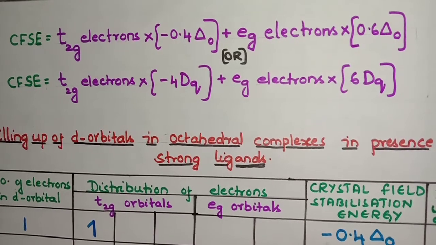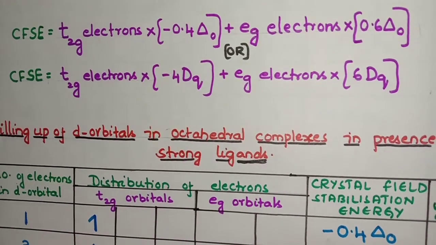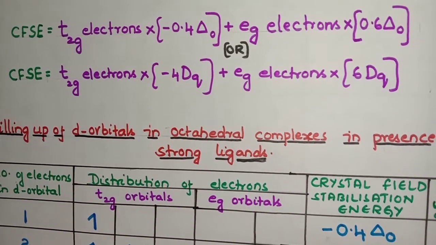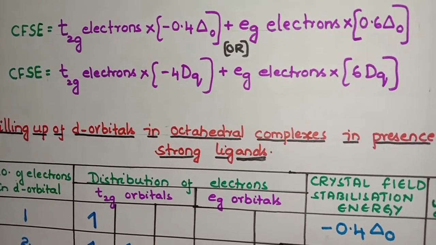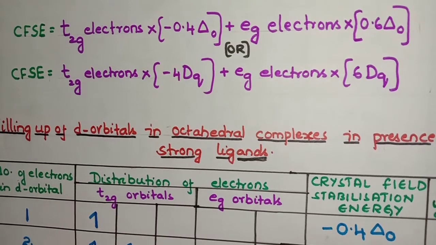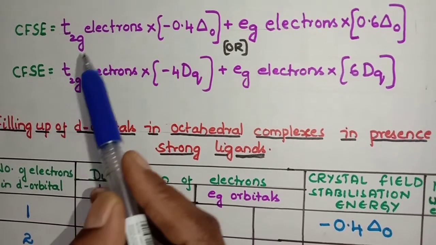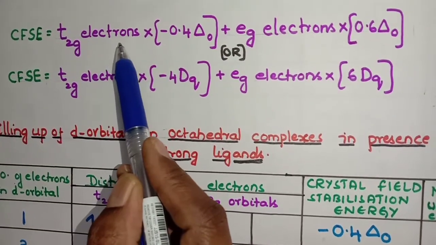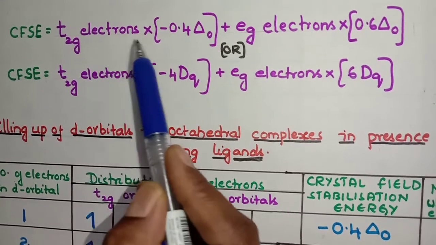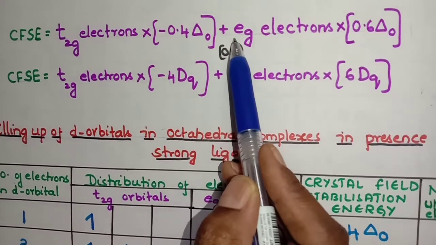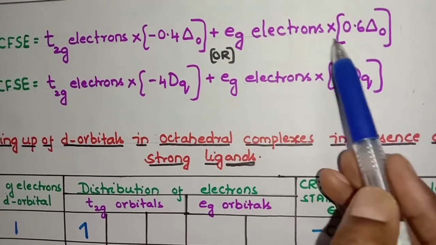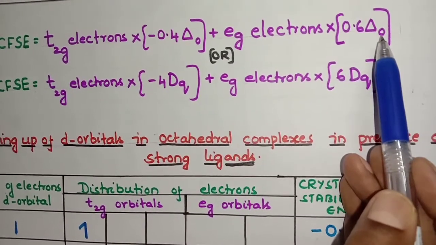This is the energy difference between EG and T2G orbitals, denoted as delta O, and O represents octahedral. So look at the formula once again. Number of electrons in T2G orbitals into minus 0.4 delta O plus number of electrons in EG orbitals into 0.6 delta O.